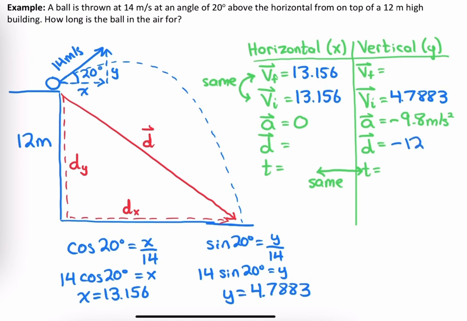Remember, all these components need to have a direction. I didn't draw this one, but this guy's direction is down. So this guy has a length of 12 and it's going down, which is why we put a negative 12 here. So now I know three things over here. I should be able to start solving. This is a bit of a tricky one.